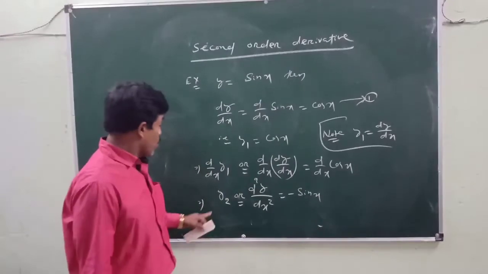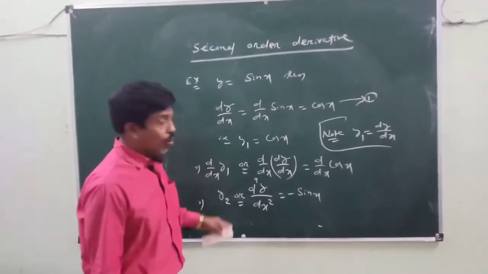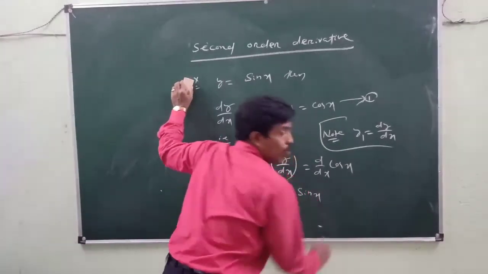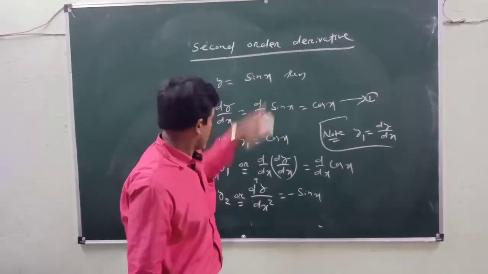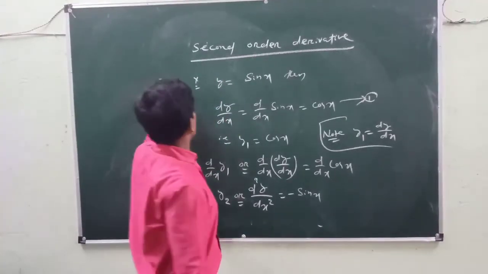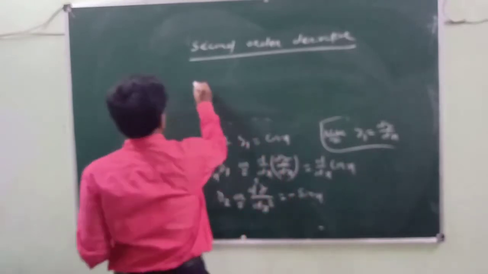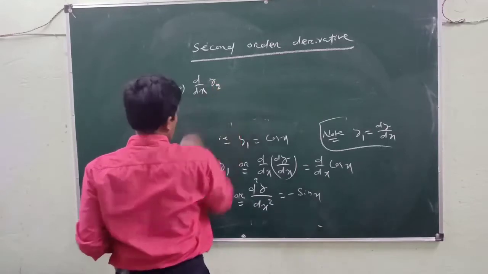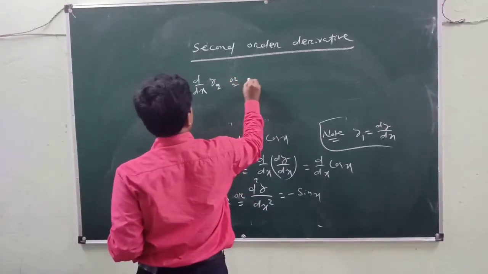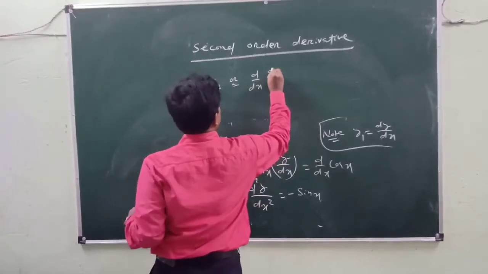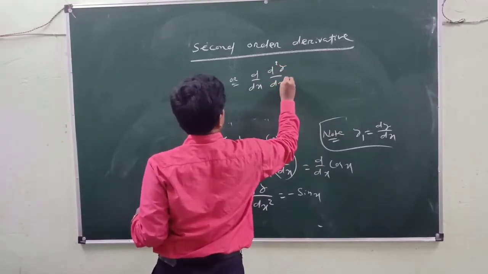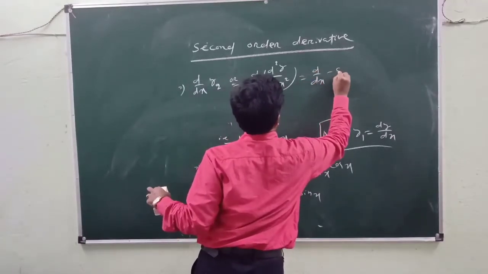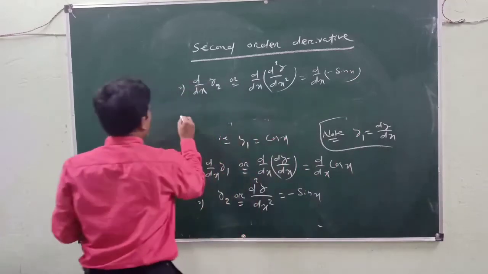Again, you remember when I take the derivative of y2, it will be y3. Also, in our course, it is only the derivative of the second order, that means y2. Also you remember the derivative of y2, that is d by dx of d square y by dx square, equal to d by dx of minus sin x.